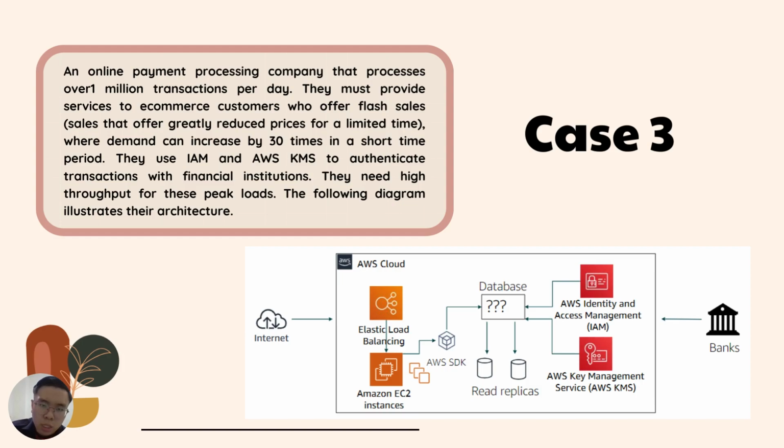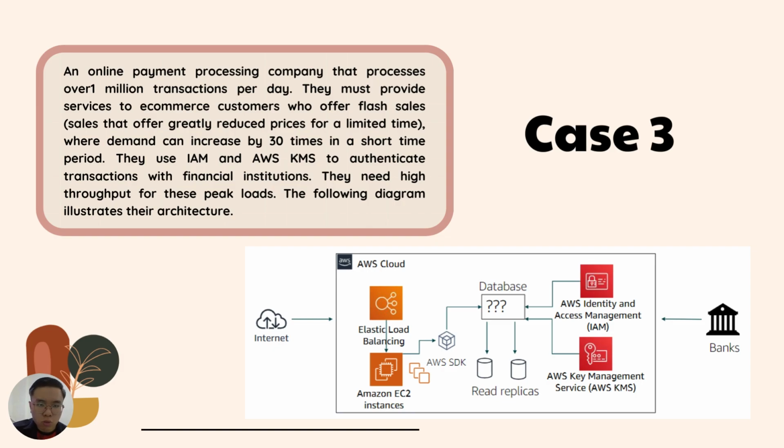So they apply AWS IAM to authorize and authenticate the user identity and manage access. And they also apply AWS KMS as the key management service. And they need a database where they can store their transactions and also their flash sales.